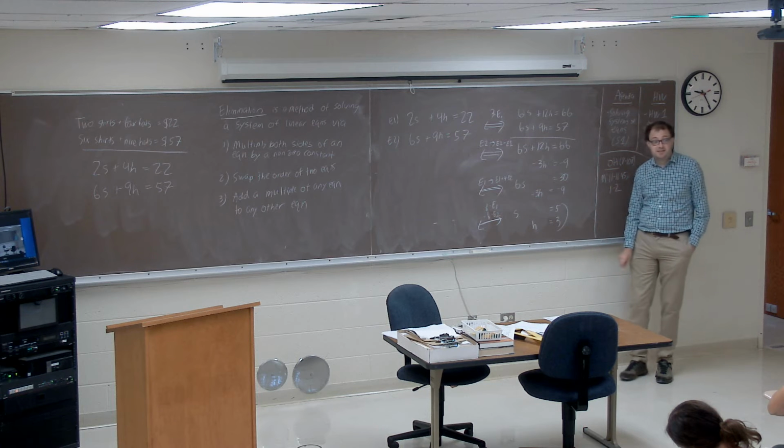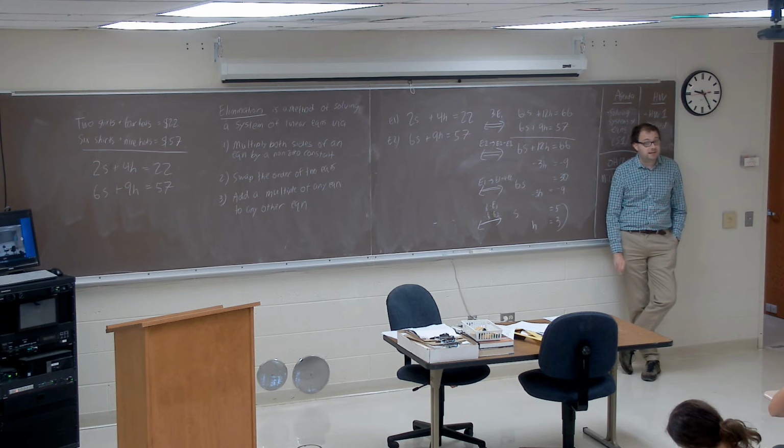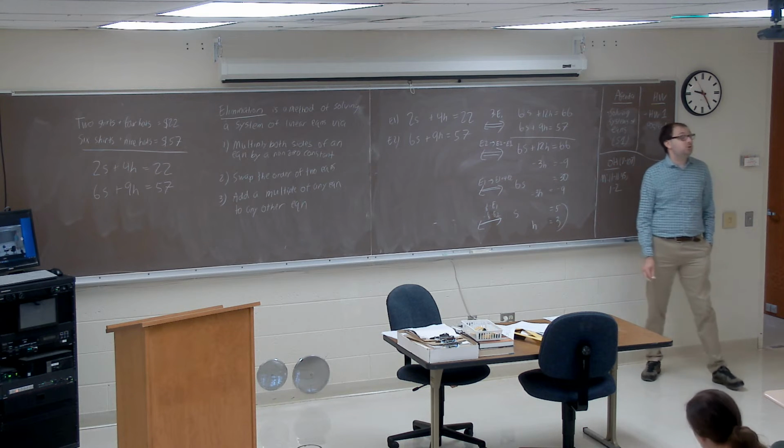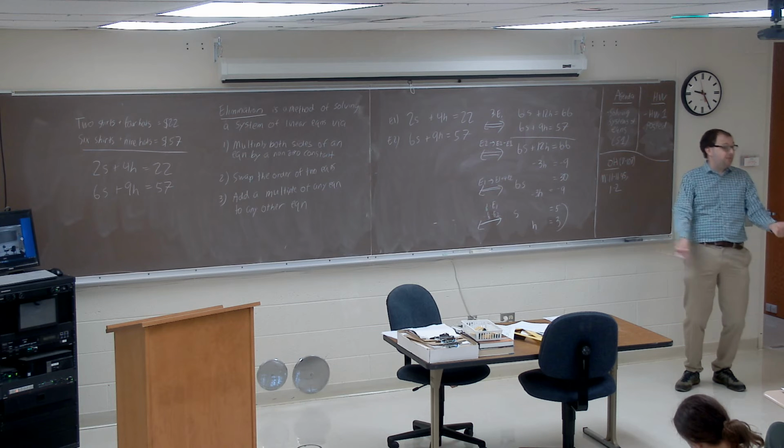If we wanted to take this system of equations and solve for s and h, what would we get? 5 and 3. I would say s equals 5 and h equals 3 is probably the unique solution to this system of equations.